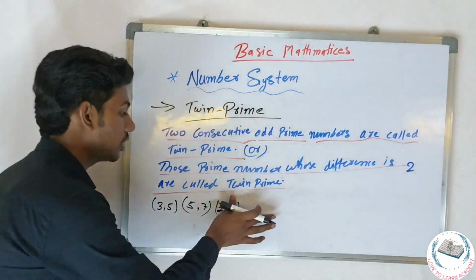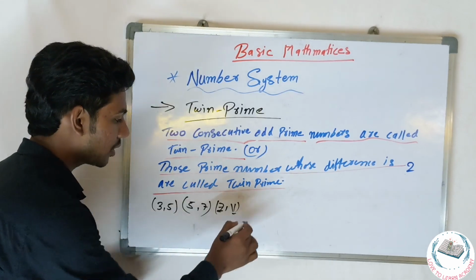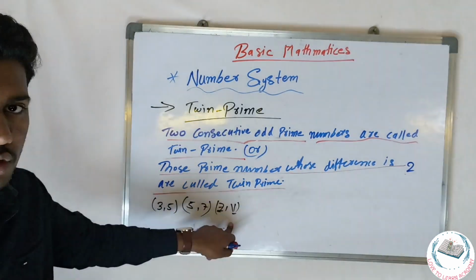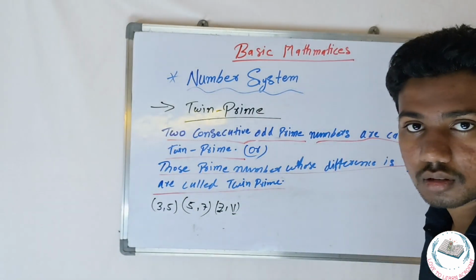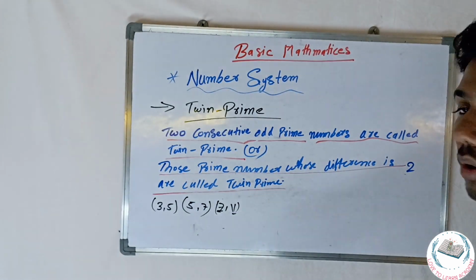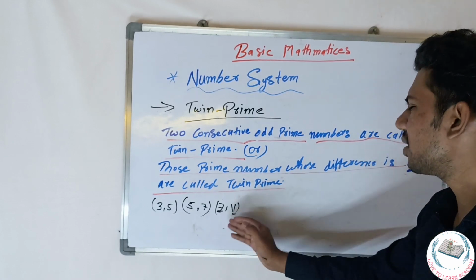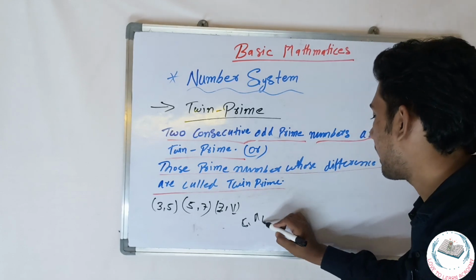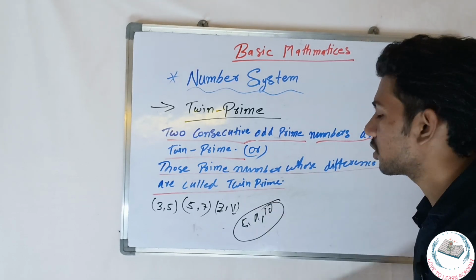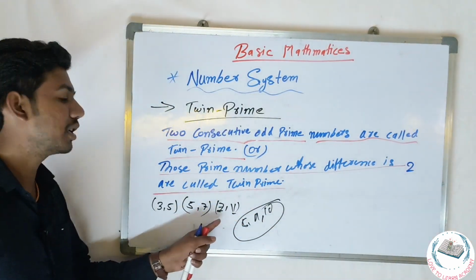So take a number which is prime, take 11. 7 is prime and 11 is also prime, but can you say it is a twin prime pair? It is not. How? I tell you here. Between 7 and 11 there are 8, 9, 10. These are three numbers in the gap. So if there is a gap of three numbers, it is not.